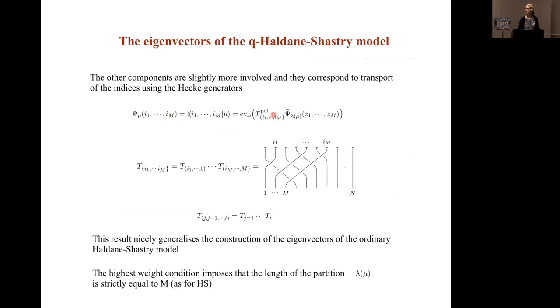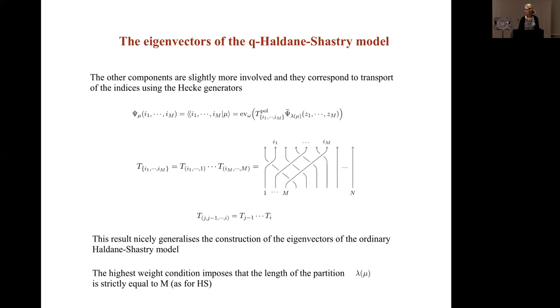They are given by the action of polynomial Hecke generators, which act on the first component. And this complicated symbol is just to say that it's the action of the Hecke generators.